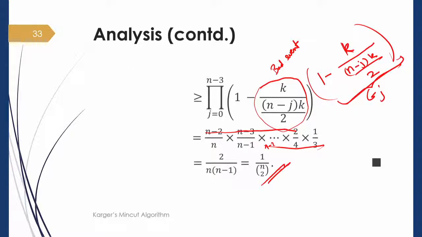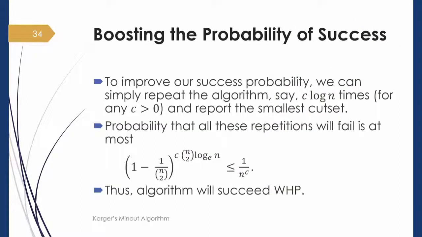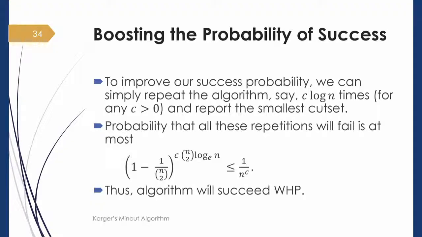What we are left with is that we need to boost the probability of success. 1 over n choose 2 is too small a probability of success, but it is not very difficult to boost this probability. We simply have to repeat the algorithm, say some c log n times n choose 2 number of times.